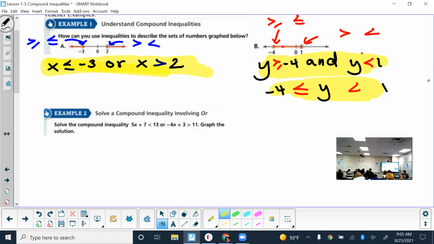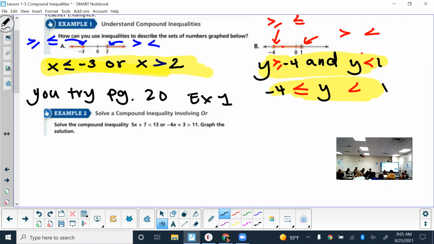All right, you have a U-try on page 20 of your workbook. So U-try on page 20, example 1.